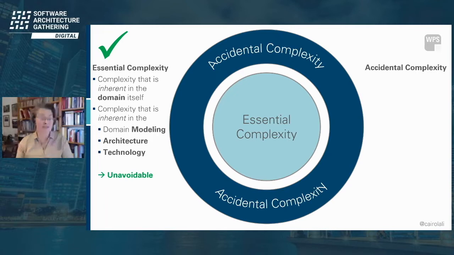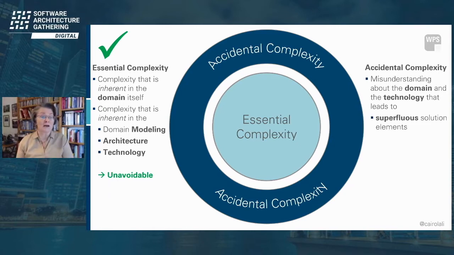That is built into the software because we have some misunderstandings about the domain and the technology, and this leads us to superfluous elements that we build into the solution, things that nobody will ever need, but we just understood that somebody could need it, or that this is a part of the domain that we have to develop, because we create awful design like this cycle that you have just seen, many things tied up together, high coupling, not a good cohesion in the classes and modules, and of course bad architecture if we don't divide our systems into proper modules, bounded contexts of domain-driven design.